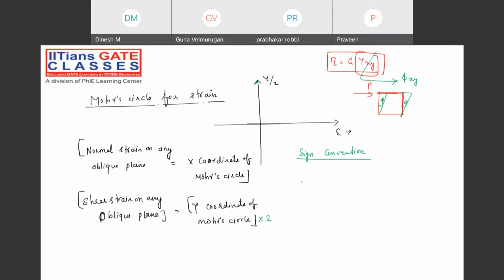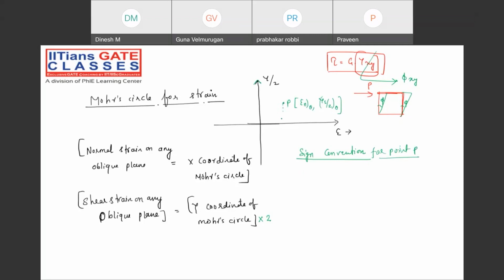Note the sign convention, that is also very important. Suppose your coordinates are coming something like this. Point P has some normal strain and some shear strain. For point P, what sign convention can we write?